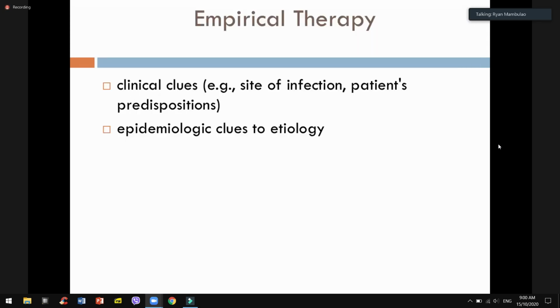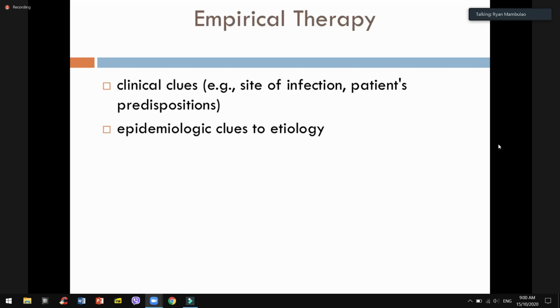Okay? Clinical issues, pag IV drug user yan, mag-start ka na ng ceftri and vancomycin. Pag merong pacemaker site or ICD na infected, start ka na ng ceftri and vancomycin. Pero siguro pag nakuha lang niya sa community, hindi naman siya na-hospital within 6 months and then admitted because of vegetations, baka you start muna with ceftriaxone.